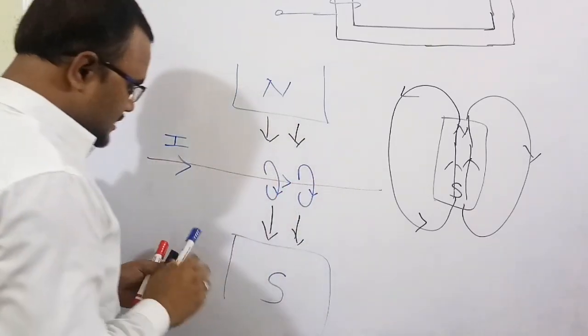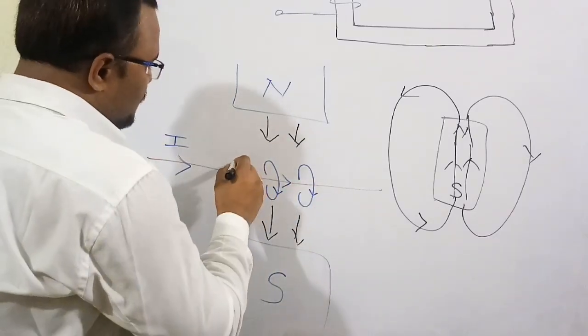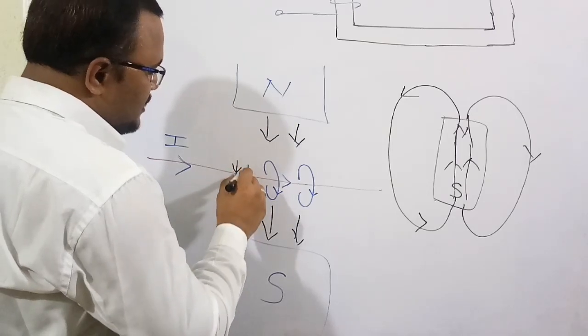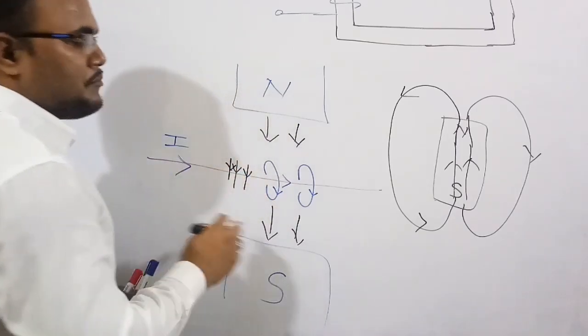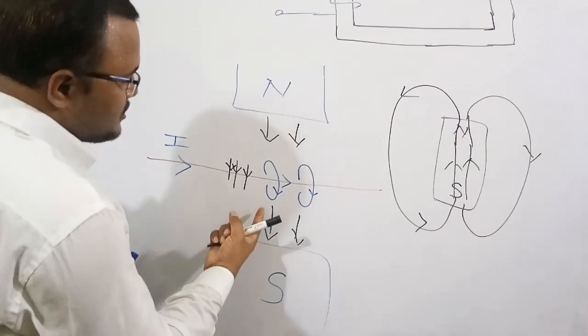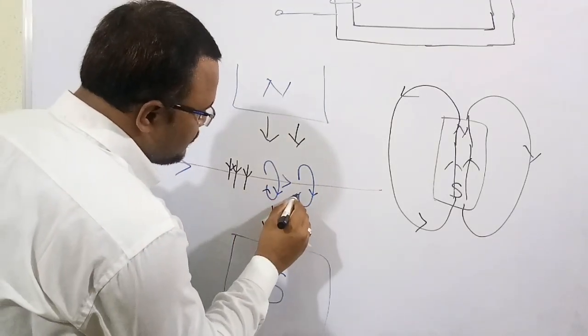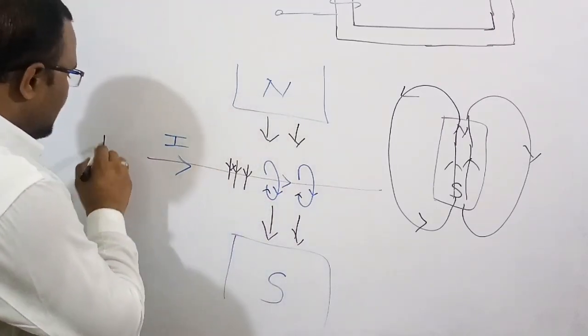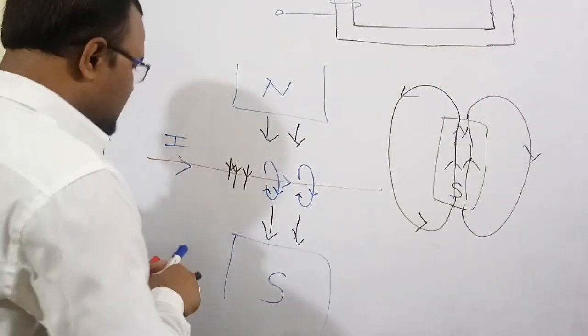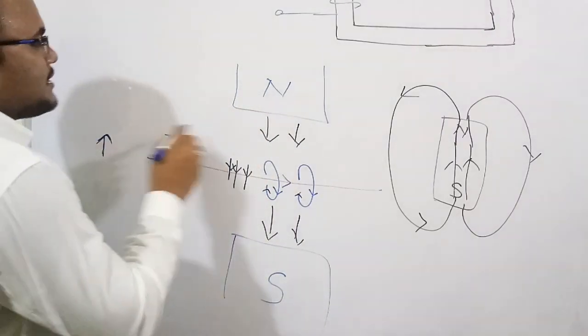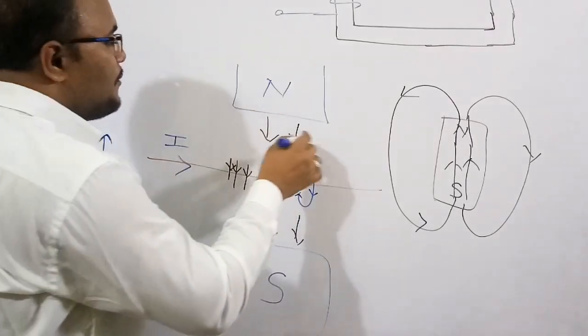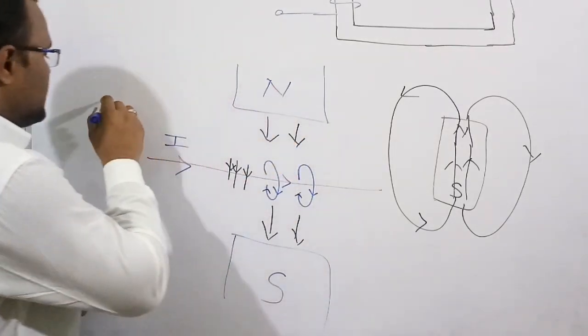Therefore the net flux will be added, because they are both in the same direction. Here, in the upward direction, the magnetic field due to the current will be upward, and again here the magnetic field from the pole is in the downward direction.